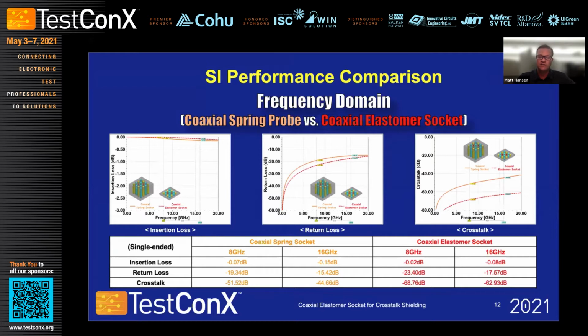So not all coax spring probe sockets are alike, in all fairness. Some vendors do a very good job of isolating the signal path top to bottom, whereas others do not. So it really depends on which spring probe architecture we're comparing to. If I'm going to be fair about it, I would guess that it's a shorter signal path, possibly any kind of antenna effect from a stub, and then inductance.